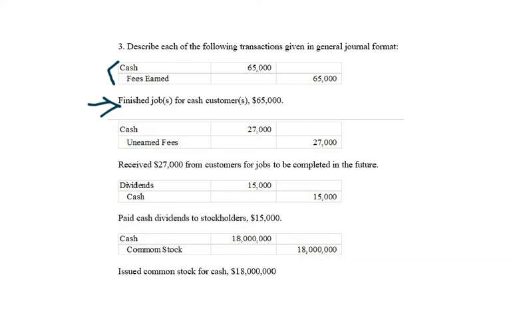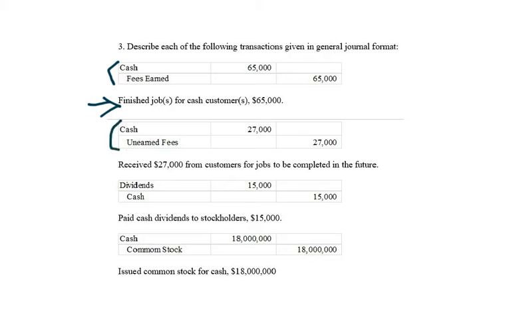Or the other would be collected cash for jobs that we have yet to complete, which means for future services. We'll see examples of at least one of those coming up in a moment. So if I'm silent and say just collected cash from customers, $65,000, it's almost implied that the work and the collection of the cash were coinciding, as one of your 3 possibilities.